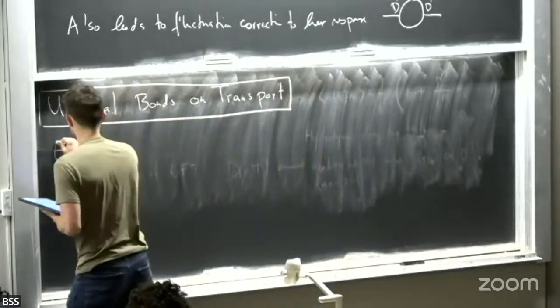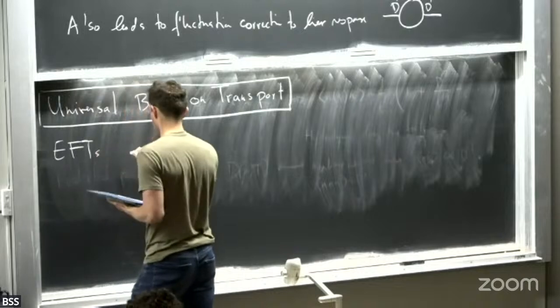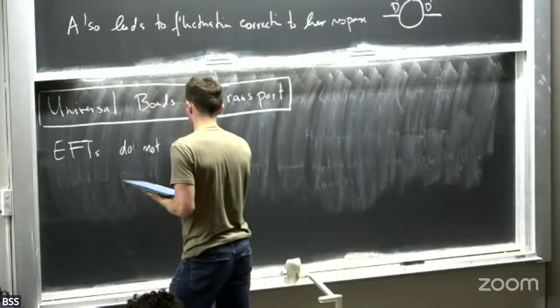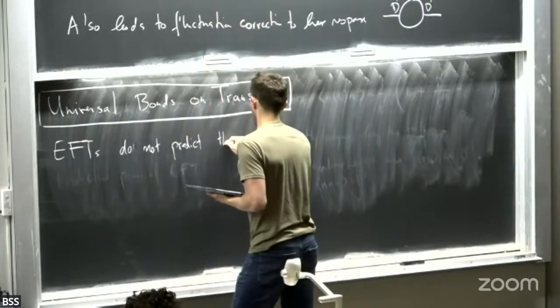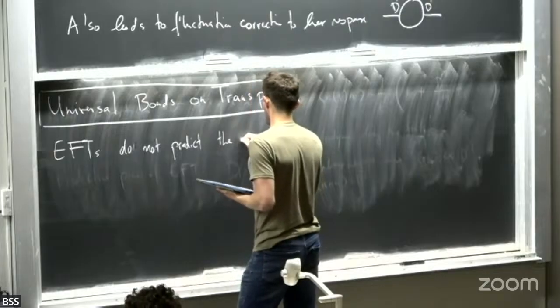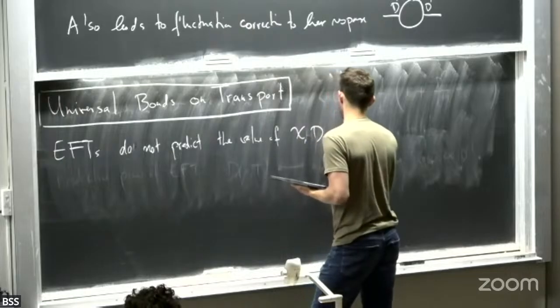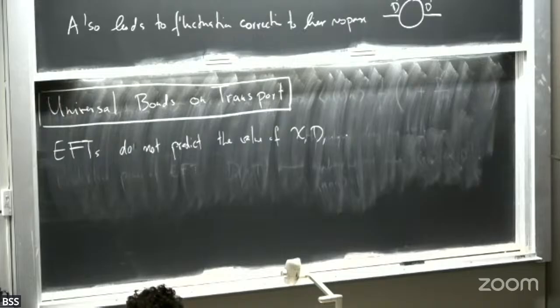One motivation is that, even just theoretically, these effective field theories make a lot of predictions. They do have predictive power, but they do not predict things you might care about, the values of transport parameters like conductivities, diffusivities, and so on. They do not predict these things.